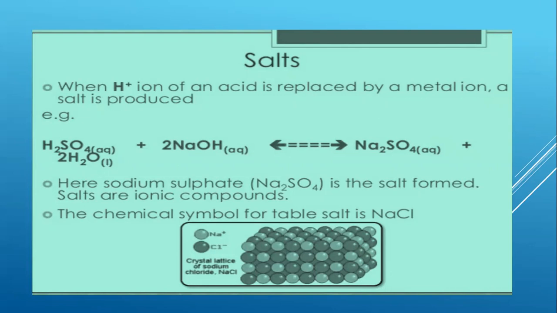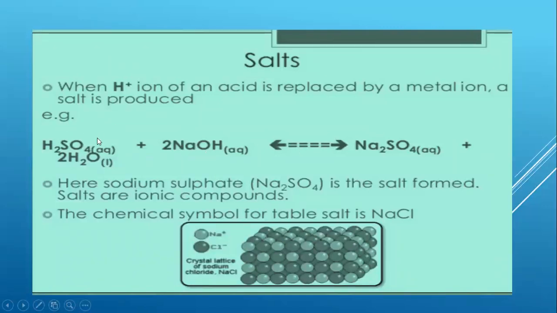What is salt? Actually, acid is any compound in which hydrogen ions are present, and you have read it before. Hydrogen ion from acid is replaced by some metal ion. The product produced is known as salt.